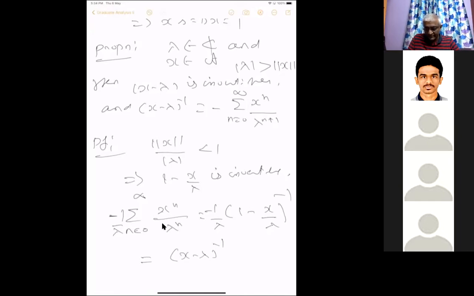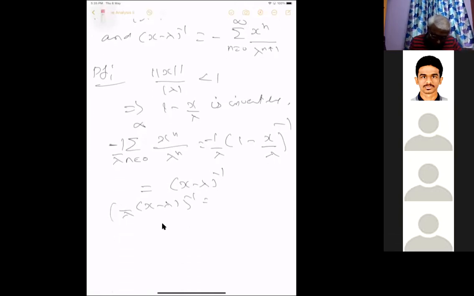Is this okay? If you take the inverse of minus x, it is minus x inverse, and you can take the 1 by lambda, and when you invert it you will get lambda. x minus lambda into 1 by lambda, inverse is equal to the inverse of this.